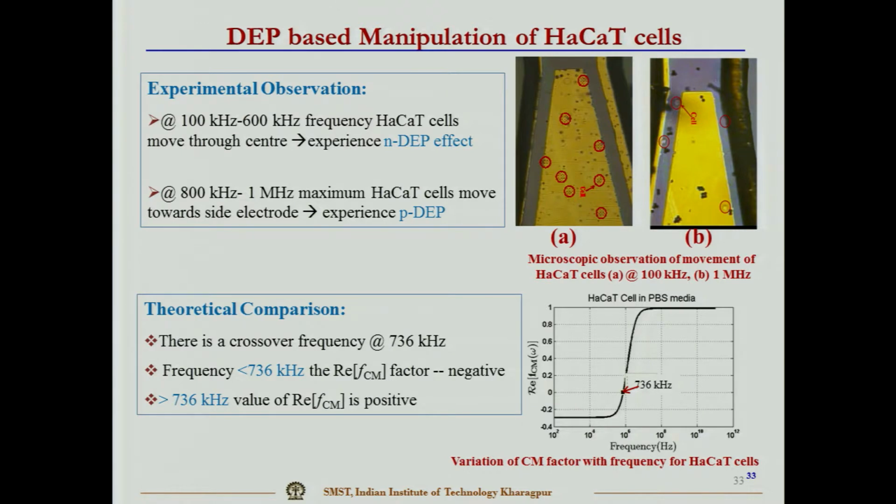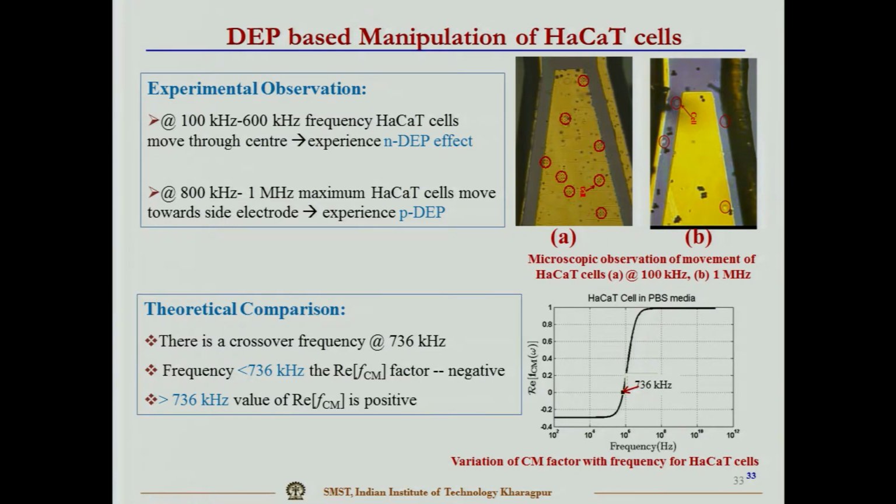But when the frequency changed to more than 600, from 800 kilohertz to 1 megahertz, we observed the positive DEP force, and the HaCaT cells went towards this direction, though very few cells are available here. Whereas at the low frequency it is mostly the negative DEP force, going in this direction, at the higher frequency it moves in that direction.